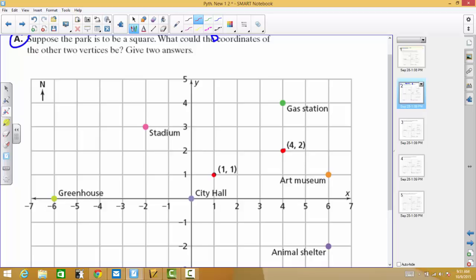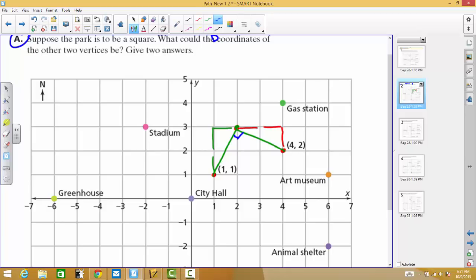Okay, so if something is square, that means it has to have the same side length and 90-degree angles. So if you look at this, this is like an up 1 over 2, and this is also a 2 by 1. And if you connect those, this is a 90-degree angle. Those are perpendicular lines.